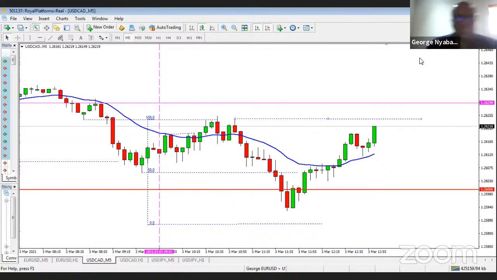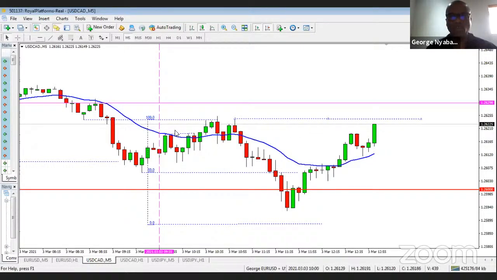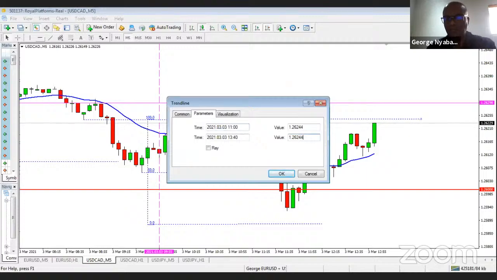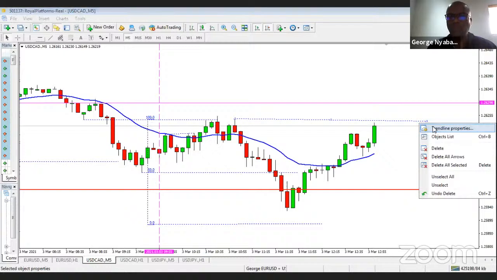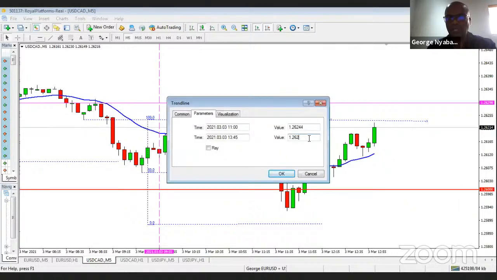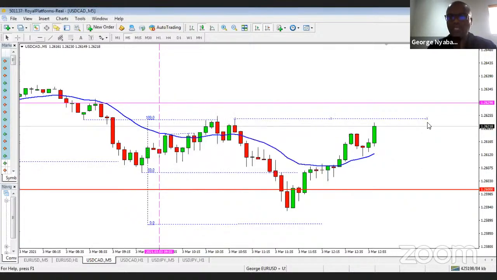Now, you might ask, well, what would all of this be? Why would the market go down, come back, and then become long? Well, all the market will be doing at this stage is just creating a tail on the daily. So if that's the opening, the market has come down and gone up.